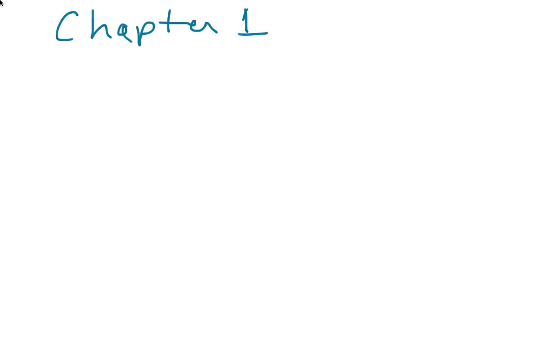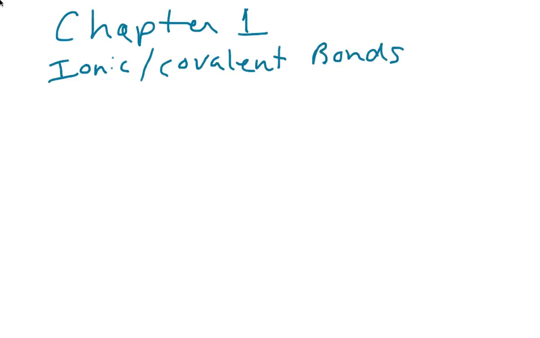Okay, we talked a lot about bonding and how to represent structures. If you recall, we talked about the differences between ionic and covalent bonds, right? Ionic bonds are bonds in which you have electrostatic attractions between atoms because they are ionized. So we have plus charges and minus charges, and it's electrostatic attraction.